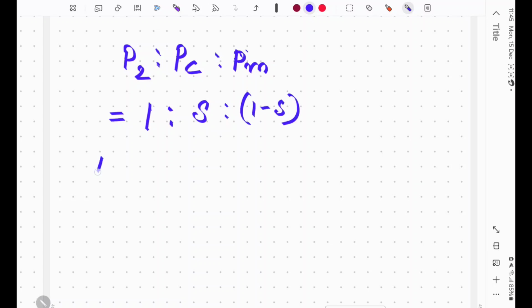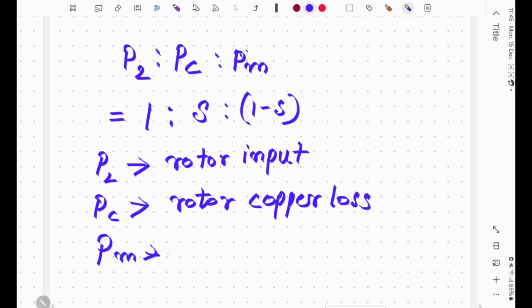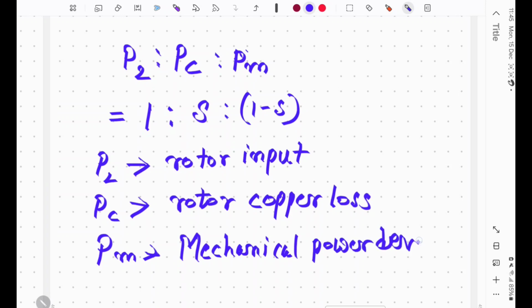Where P2 is the rotor input, Pc is the rotor copper loss, and Pm is the mechanical power developed.